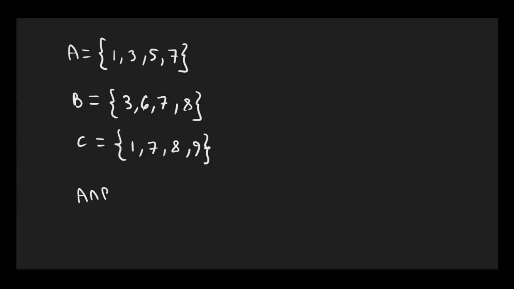So A intersection B intersection C. So the process is always the same. We have to look for the elements that are found in every single set. So in this case, there is just one element which is found in A, B, and C. So 7 is the only common element. Therefore, A intersection B intersection C is just going to be 7. And that's the answer.